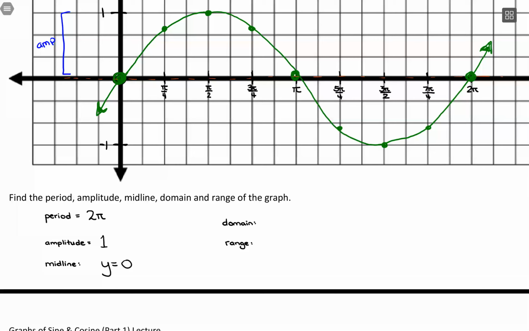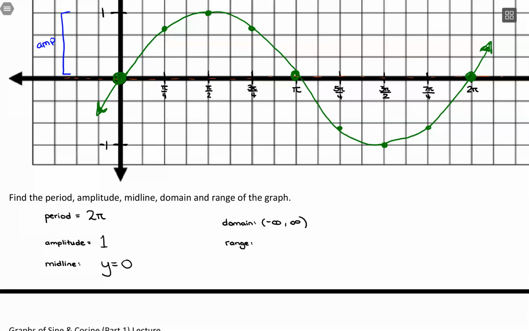Domain and range. In terms of input for our graph, we can plug in absolutely anything. Negative, positive, 0, we can have any angle measurement and plug that into our graph. And as we can see from our graph, it's continuing on to positive infinity, continuing on to negative infinity. There aren't any asymptotes, there aren't any holes in the graph. So for domain, we're going from negative infinity to positive infinity.